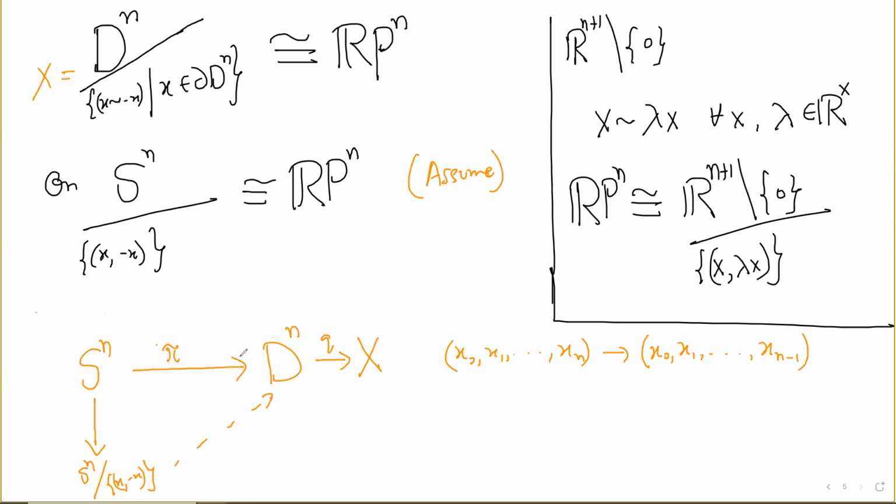So in the projection map, I should just maybe say that Sn minus, how should I write it? Sn minus Rn. So I'm just saying that the part of Sn in which the last coordinate is positive, right?